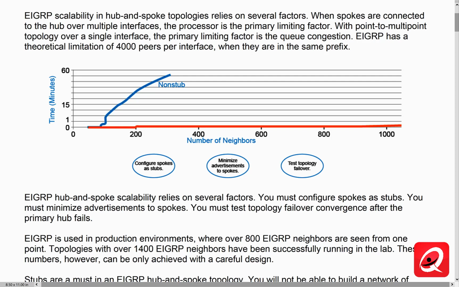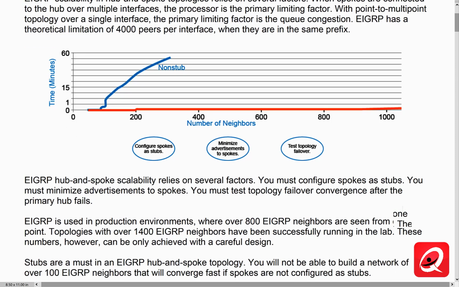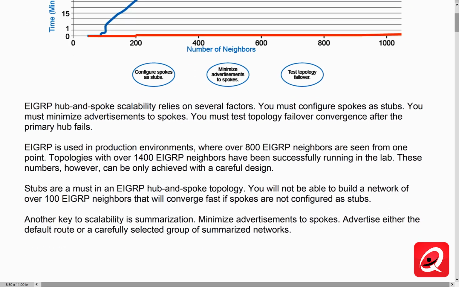If we limit that query capability, or at least the scope of the query, that's what I was trying to say. That's a new word I created, squery. That's the scope of the query, by the way. If we limit the scope of the queries by configuring special router types like stub routers, then we can scale up to 4,000 peers on an interface as opposed to only a couple of 100, maybe 300 or 400 peers.